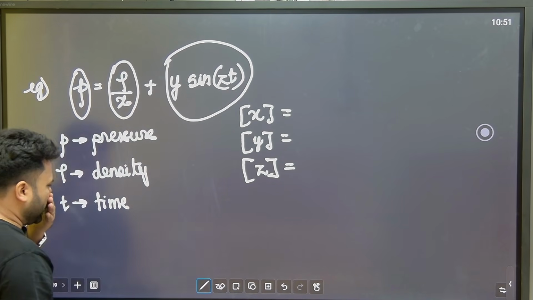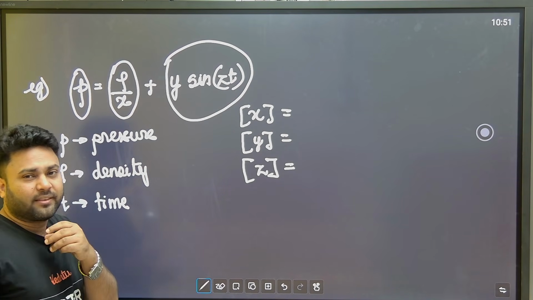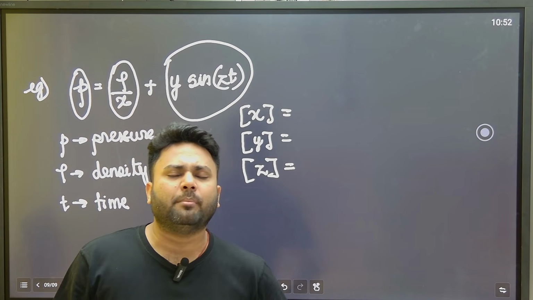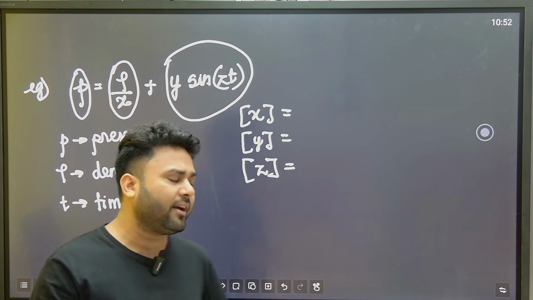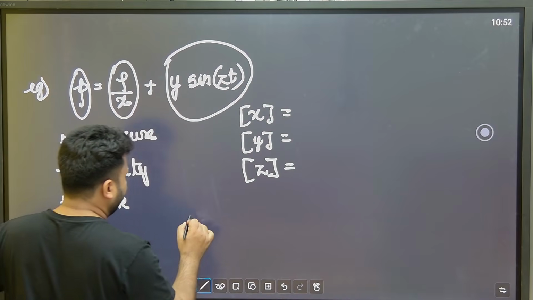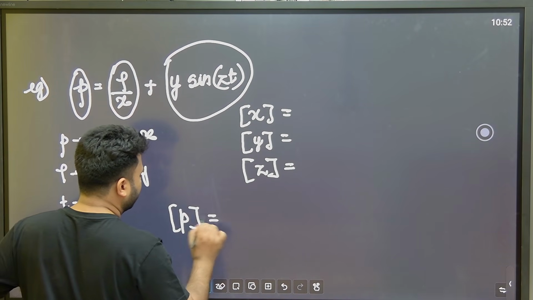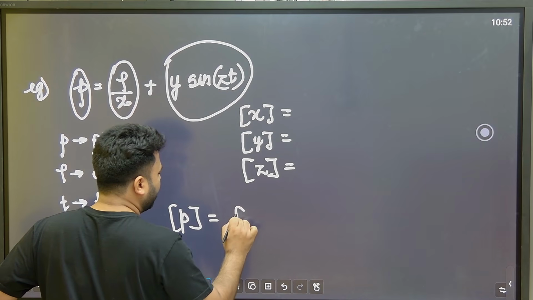Now P is pressure. What will be the dimension of pressure? Pressure is force by area. To determine the dimension of pressure, pressure will be force by area.